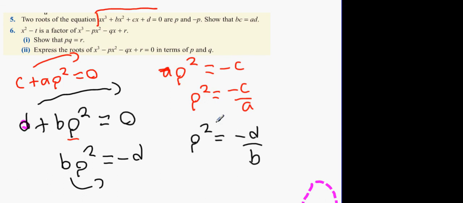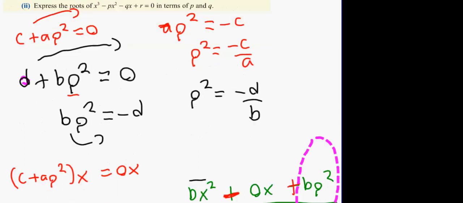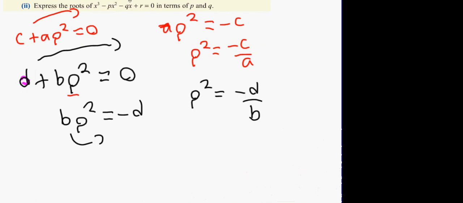Now we can see that both of these are equal to each other, because they're both P squareds. So we can now put these two formulas equal to each other. Minus C over A equals minus D over B. Cross multiply, get rid of the minuses for a start. Just minus on each side.